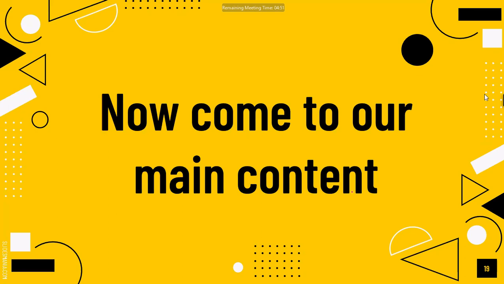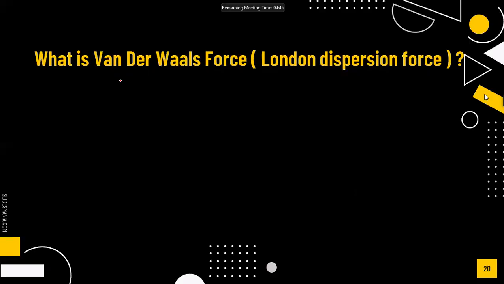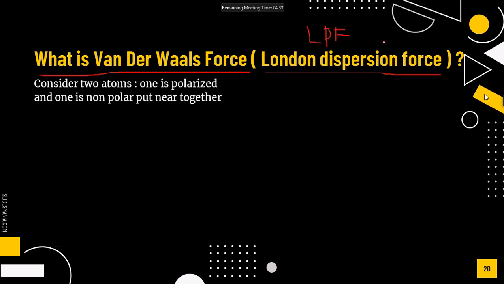Now we come to our main content. What is our main content? As aforementioned, it is the van der Waals force, which has another name, the London dispersion force, called the LDF. So now we will consider two atoms.